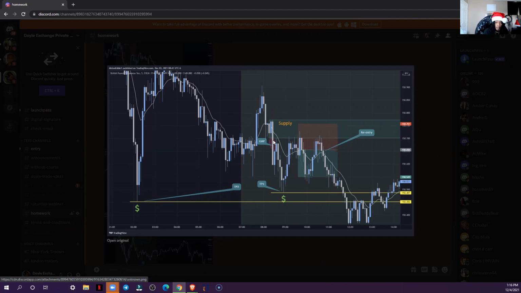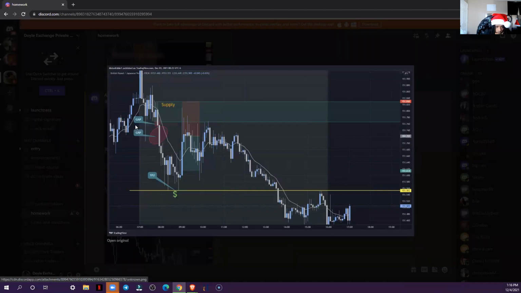So it's high probability until they tap back into it. Once they tap back into it, it's immediately low probability. So right here, this is high probability. Once it came back, low probability. They can just blast right through it. They can just disrespect your supply and then it's over with. You know what I'm saying? So this is definitely high probability, and then this is low over here.